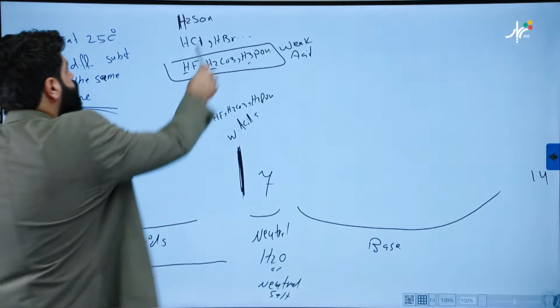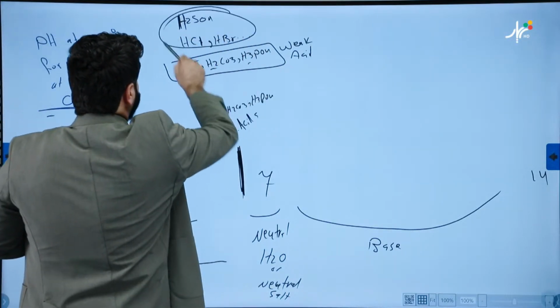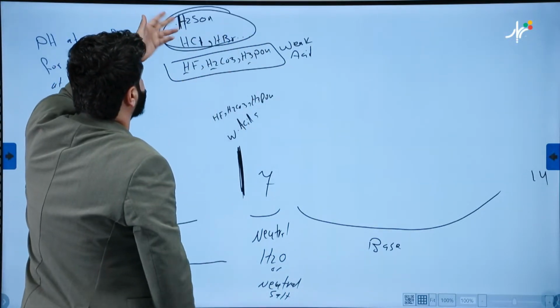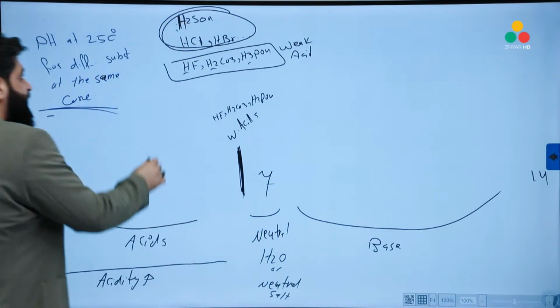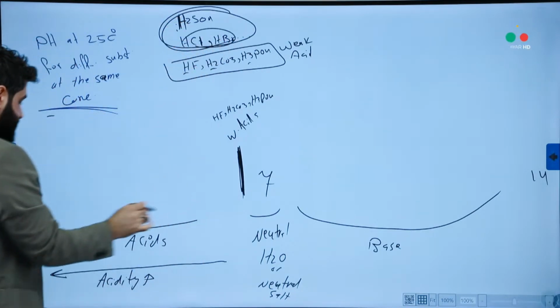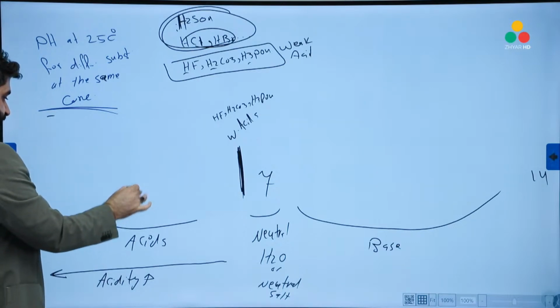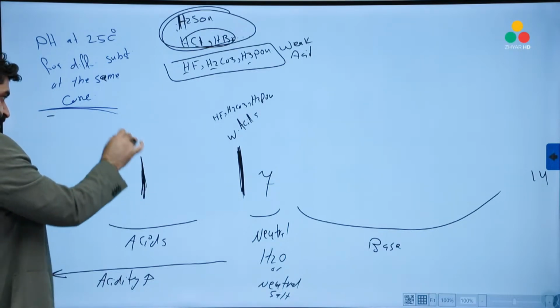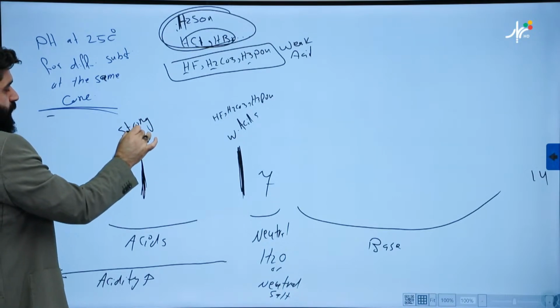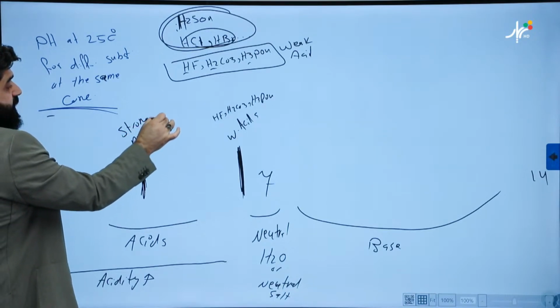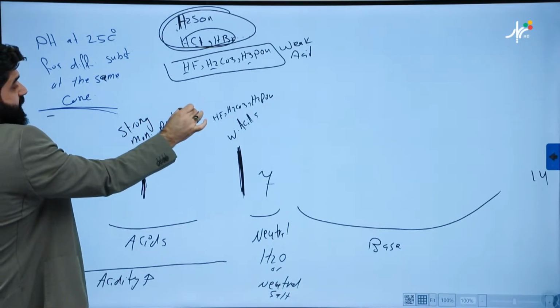And now we have two kinds of strong acids. Some of them contain 2 hydrogens. Some of them contain 1 hydrogen. The one that contains 1 hydrogen is located between 0 and 7. It's here. Strong monoprotic acid.